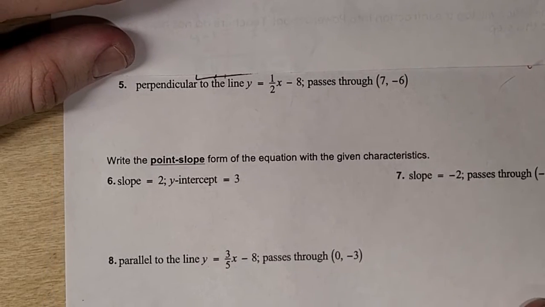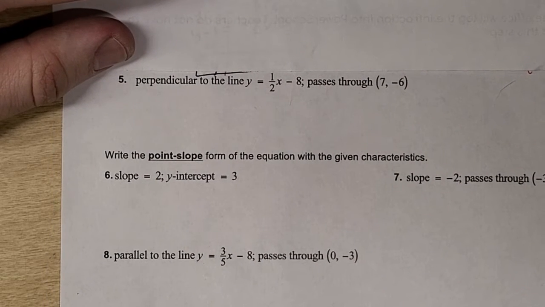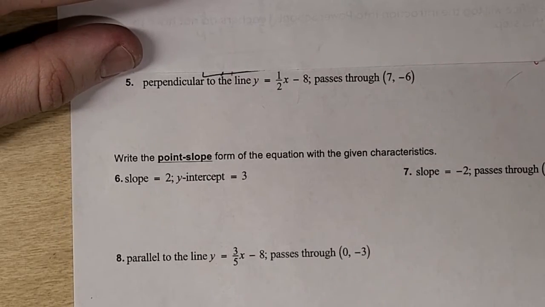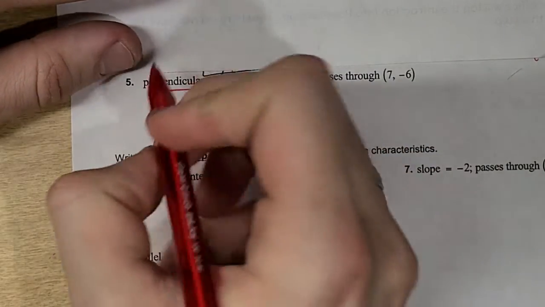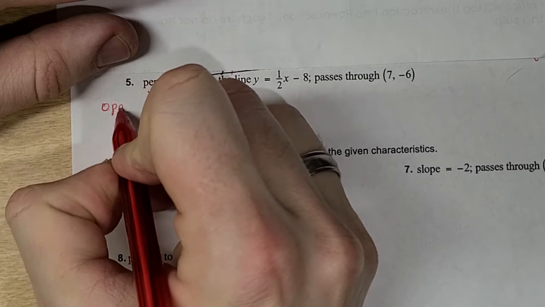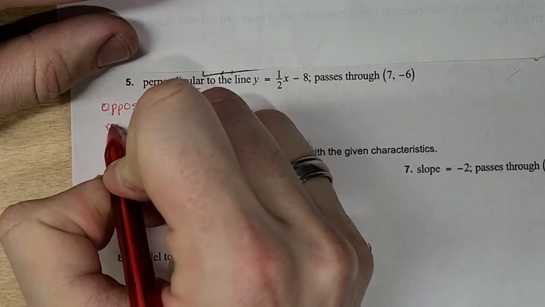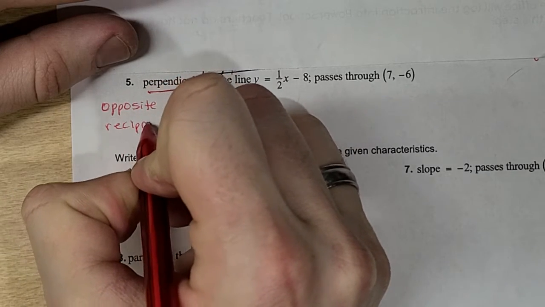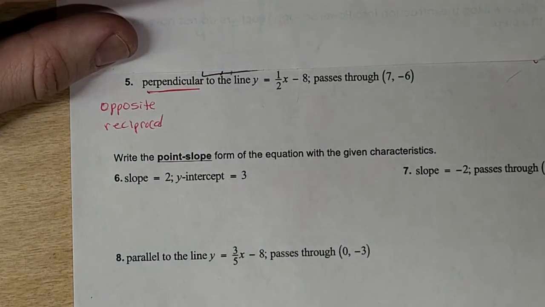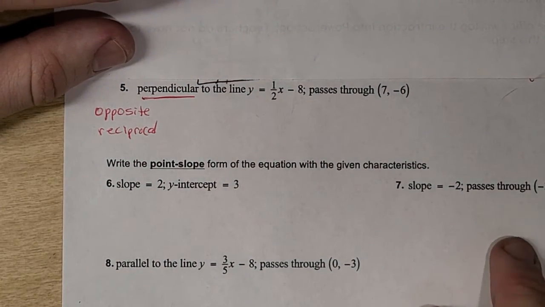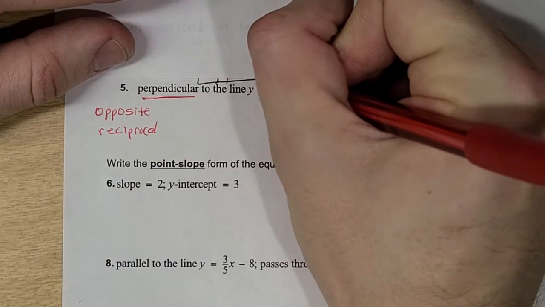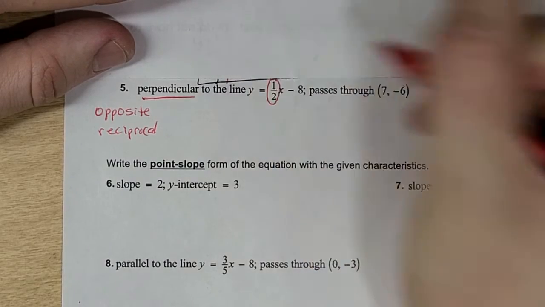All right, look at number 5. This one says perpendicular. So you need to remember that perpendicular means opposite reciprocal. Opposite, reciprocal. Now, the slope of this line right here is 1 over 2.